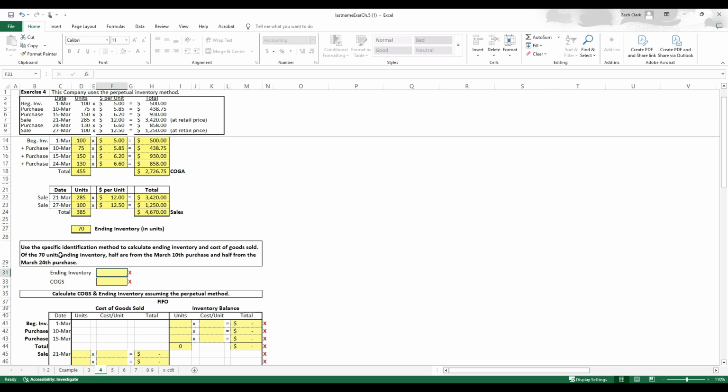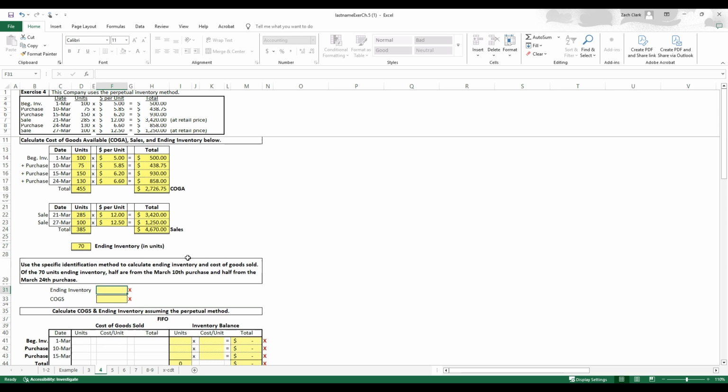So we're going to say of the 70 units here, half are from the March 10th purchase, so this one, we could link to that, and then the other half are from March 24th. So we can just do it like this, times 0.5, so half of 35, but the first ones come from this purchase.